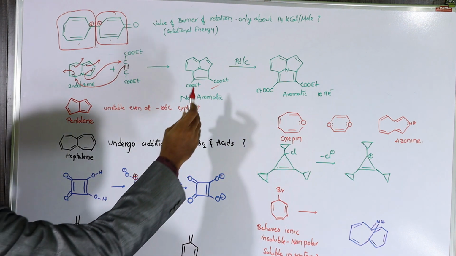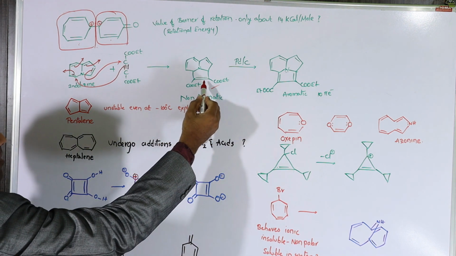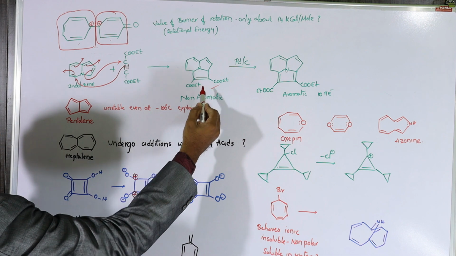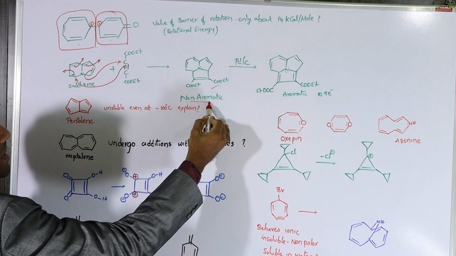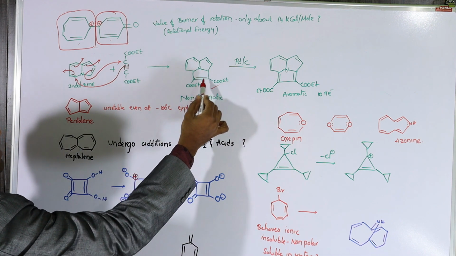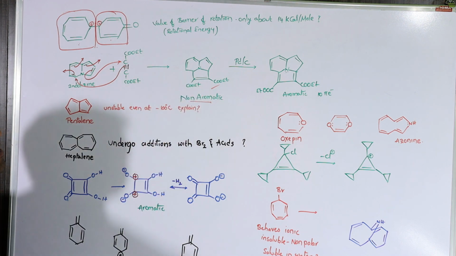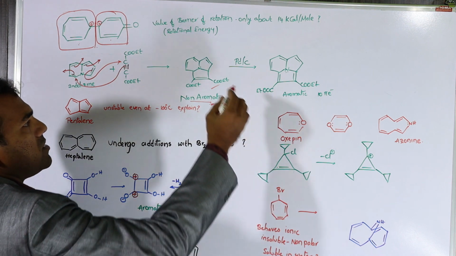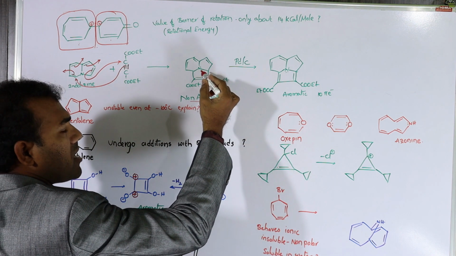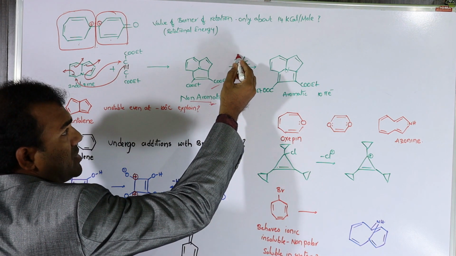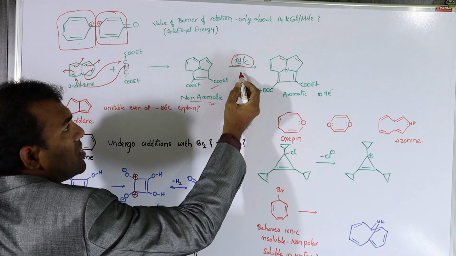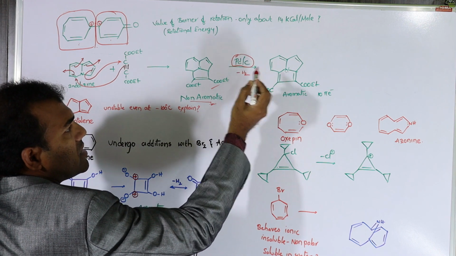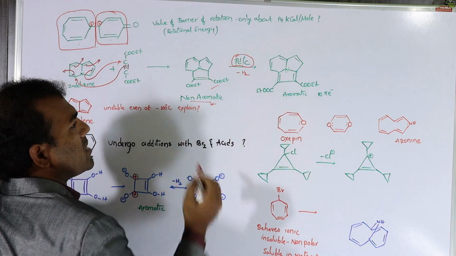Is this aromatic or non-aromatic? It is non-aromatic, because there is no chance of conjugation at all. So this compound is a non-aromatic compound. Then when we react this compound in the presence of a palladium catalyst, dehydrogenation occurs, and this compound is formed.